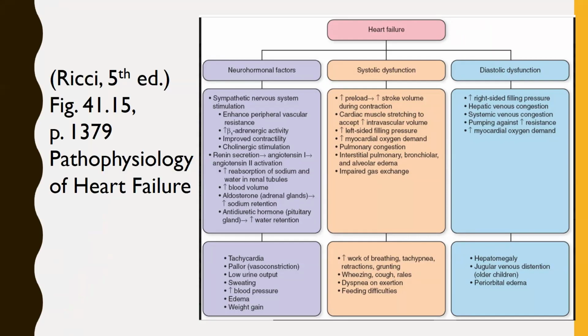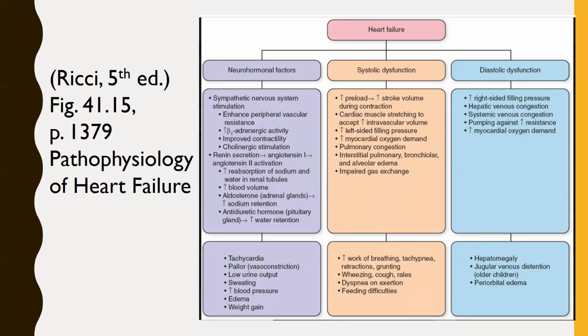And these 3 different factors contribute to heart failure and the different signs and symptoms. With neurohormonal factors, you have the sympathetic nervous system stimulation, which is going to cause an enhanced peripheral vascular resistance, an increased beta adrenergic activity, improved contractility and cholinergic stimulation.